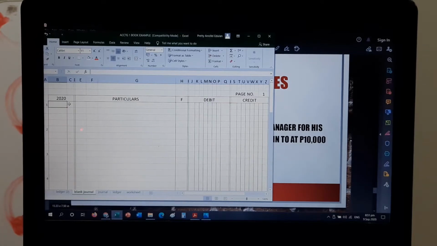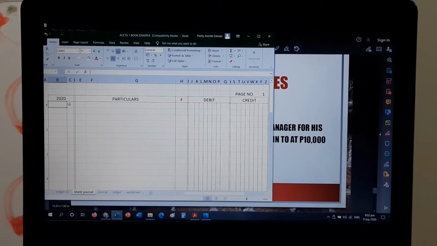Anyway, moving on. This part is the particulars. Some would write account titles here, particulars or explanation. In our case, let's just use particulars. This is where you would type your debits and credits and explanation. In Accounting 1N, the third line is supposedly the explanation, but I would just accept if you use the number sign for the third line.